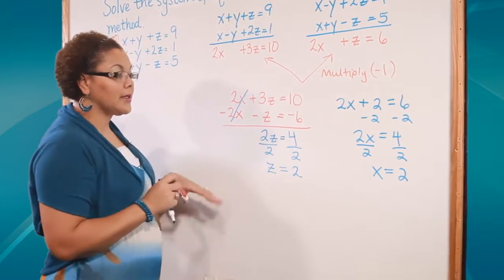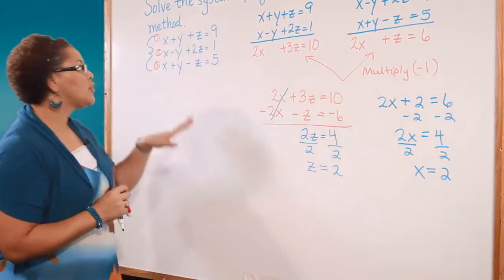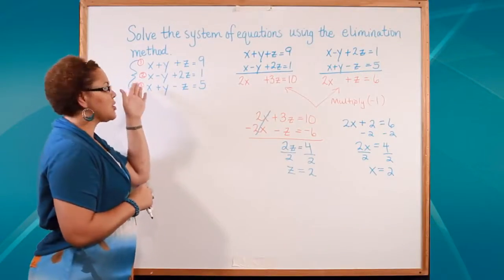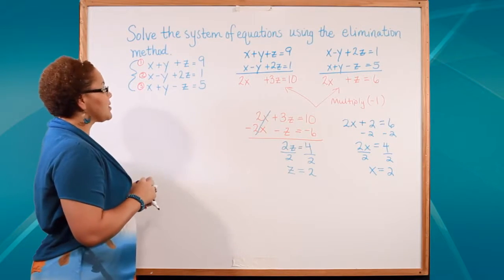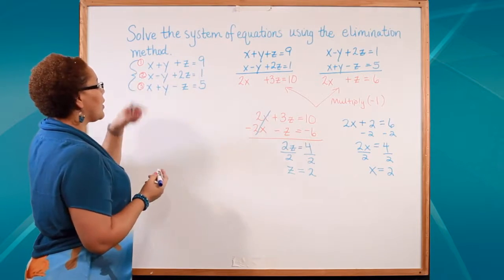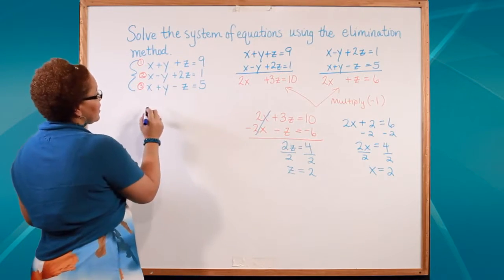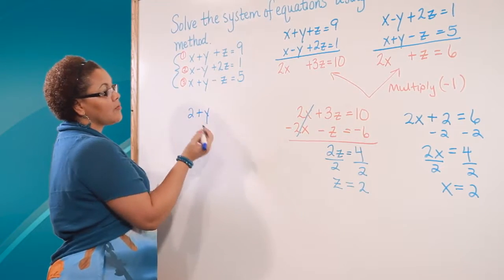And then last but not least, now that I have 2 of the 3, I have to go back to one of the original equations in the system. And again, it's arbitrarily your choice. There's no right or wrong on which one you choose. So I'm just going to pick equation 1, and I'm going to replace x with the 2 that we found. We're now looking for y.